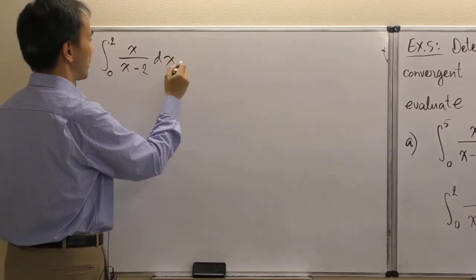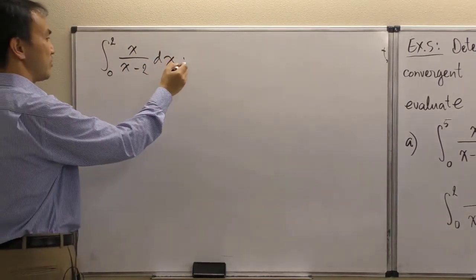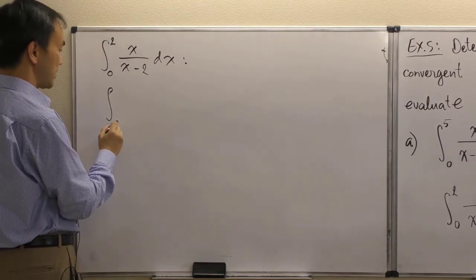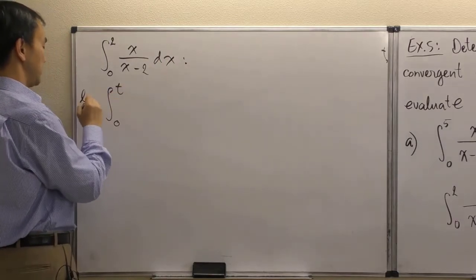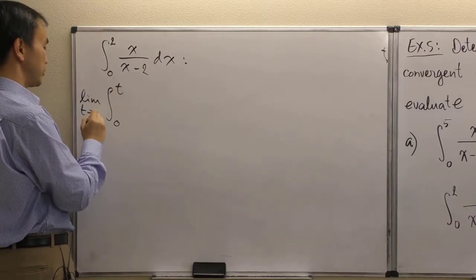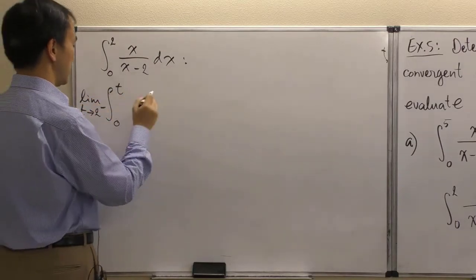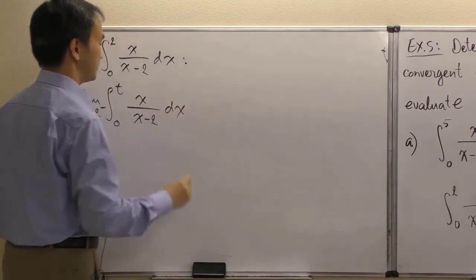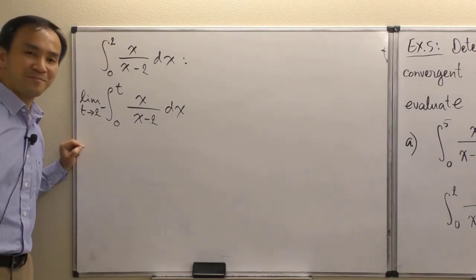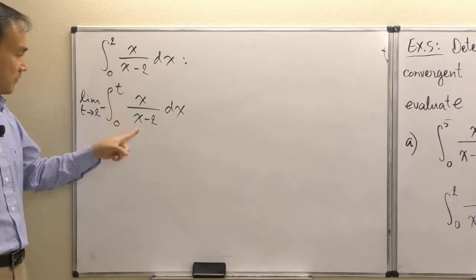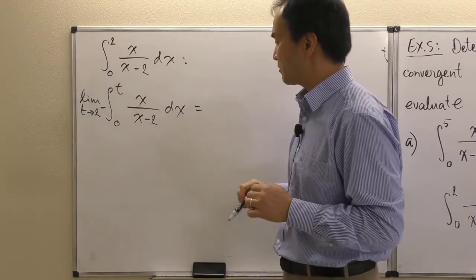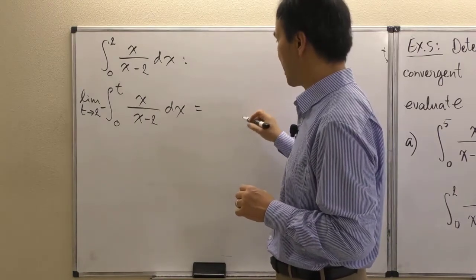Let's look at this one separately. So I am going to consider a limit problem from 0 to t, by letting t approach 2 from the left-hand side, and the function here is x over x minus 2. That's the function we have right there. And I can algebraically turn x over x minus 2 into the following expression.